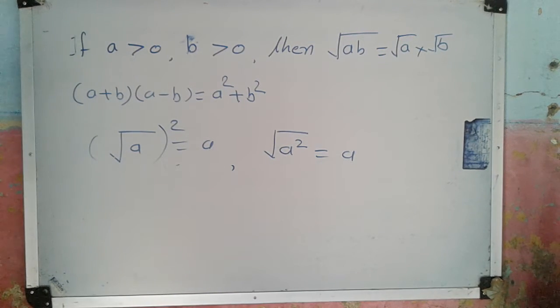Now we will use this concept for solving the next examples for rationalization of denominator. First we will study the binomial quadratic surd.